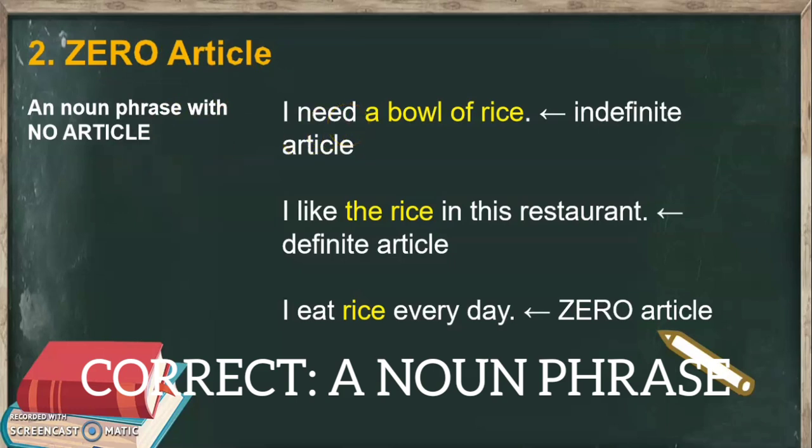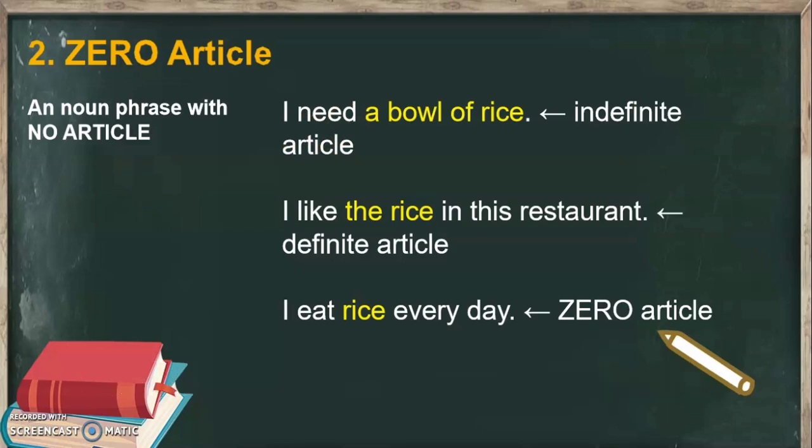For you to understand it further, I made three examples here using the article a, the article the, and zero article. So here we have the indefinite article. Let me read the example sentence: I need a bowl of rice.